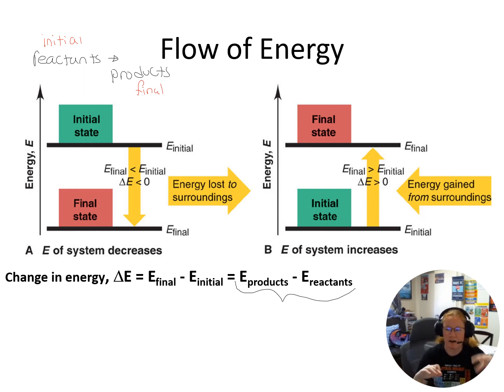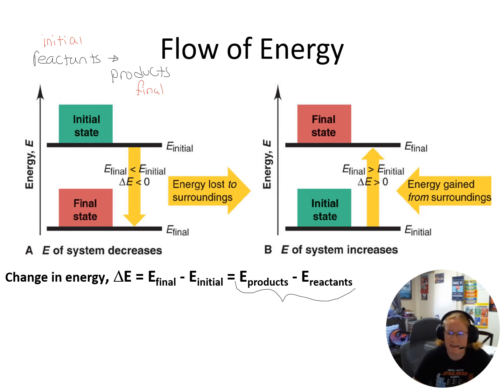And this is where we start differentiating between what we call an exothermic and an endothermic reaction. An exothermic reaction gives off energy. An endothermic reaction takes in energy. So exo, outside, gives it off to the outside. Endo, inside, takes it in into itself. Okay? So take a look at these two diagrams here.